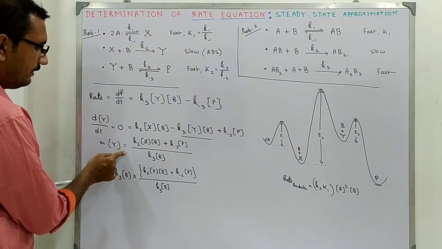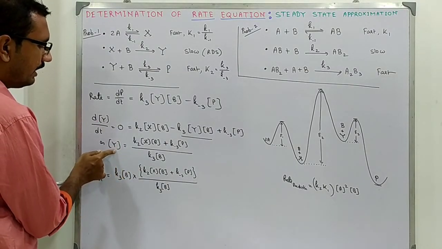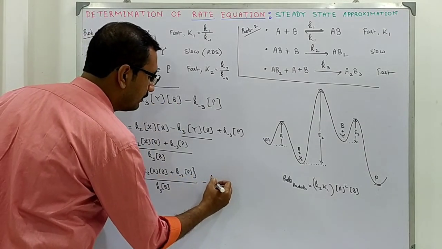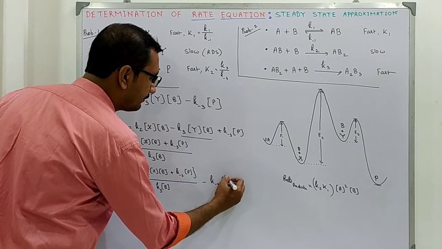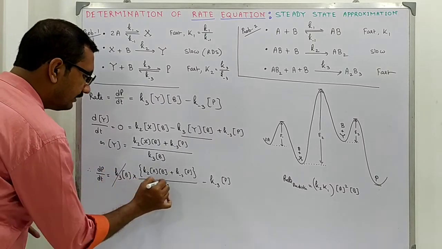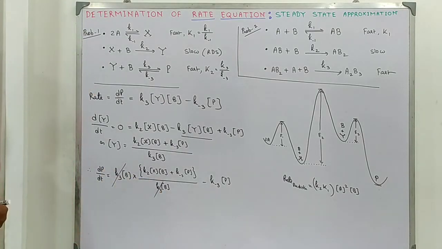We are putting this concentration of y here. So, we have minus K minus 3 into concentration of [p]. Okay, now this term and this term cancels out.